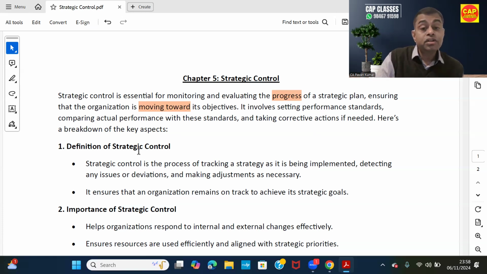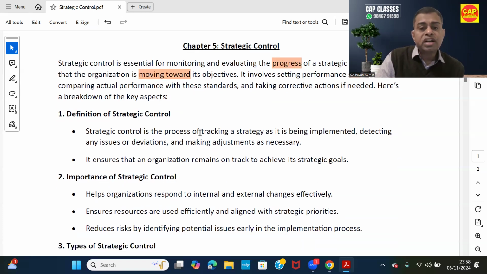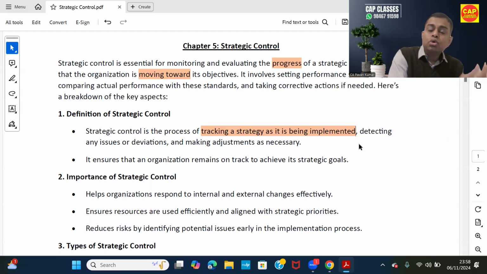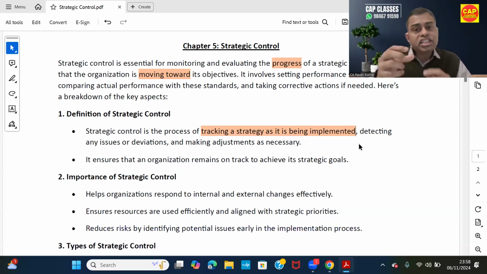Now, what is the definition of strategic control? It is the process of tracking strategy as it is being implemented. If you remember, time and again I told you, you formulated strategy, you implemented strategy. While the strategy is being implemented, you are monitoring to detect any issues. Are there any deviations? Are there any adjustments necessary?